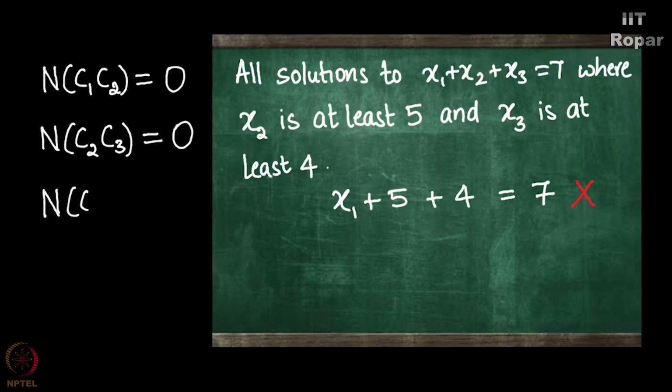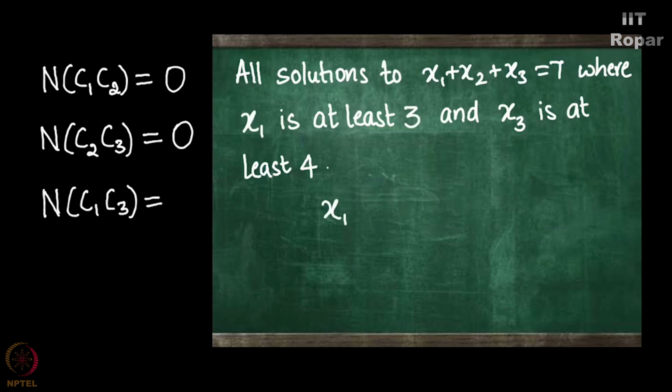What happens with n of C1, C3? N of C1, C3 is those solutions where x1 is at least 3 and x3 is at least 4. If I substitute x1 to be 3 and x3 to be 4, it is satisfying the condition because I can substitute x2 to be 0 and hence the sum is 7.